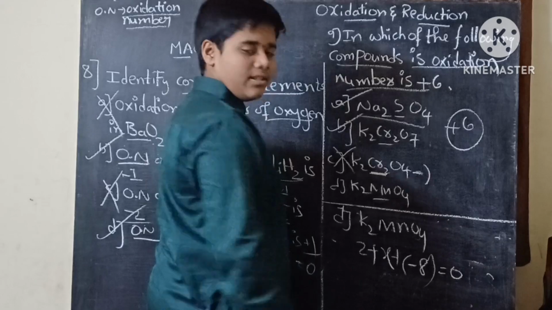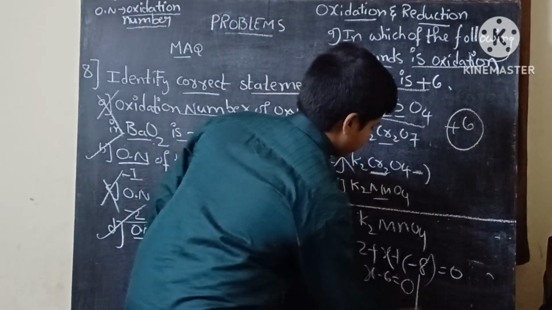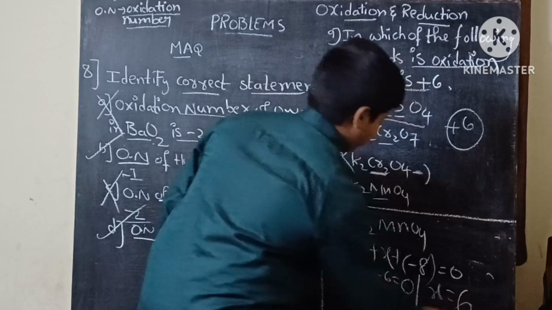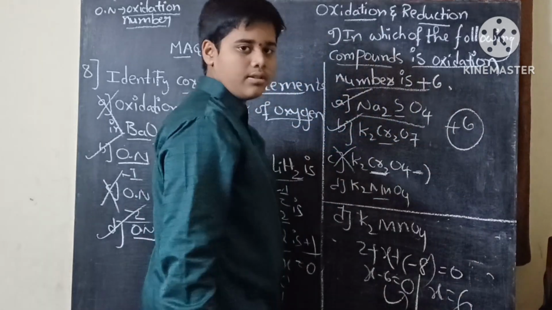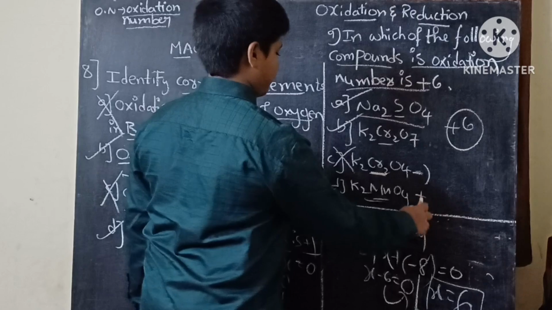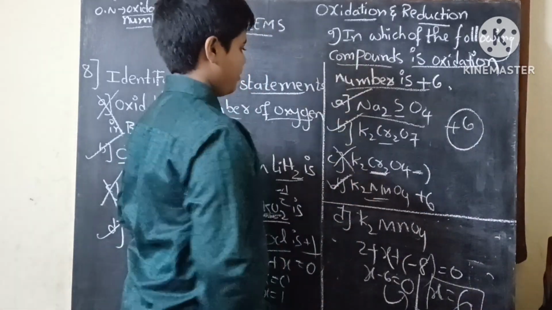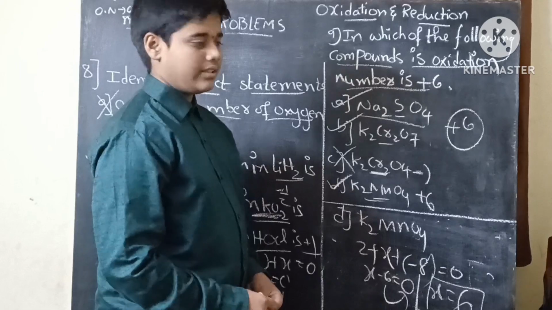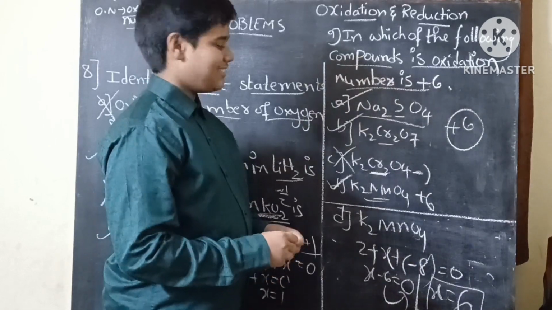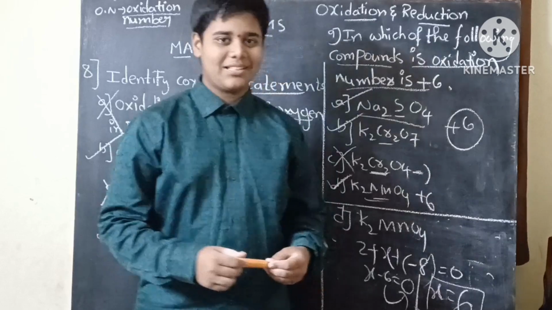So 2 minus 8, minus 6. So x minus 6 equals 0, which means x equals 6. If I transfer this minus 6 to this side, the oxidation number of manganese is plus 6. So option D is the correct answer. So this is the 9th question, and our today's topic is completed.